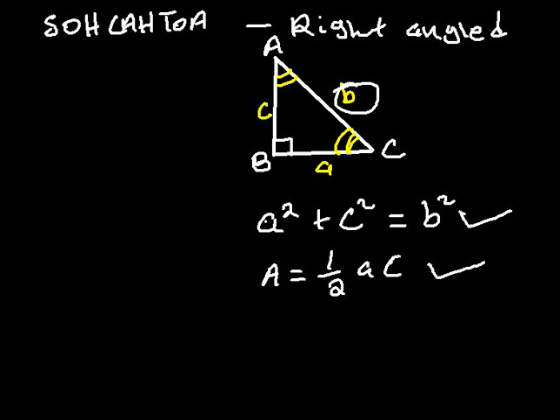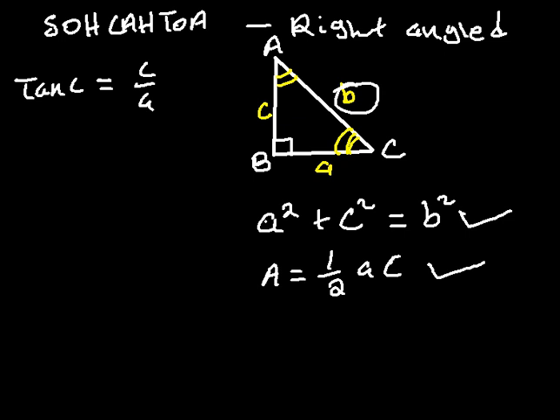Opposite and adjacent, we are talking about the TOA, of which T is the tan of angle C, which is equal to the opposite, which is C, divided by A. So this is how we can express it.